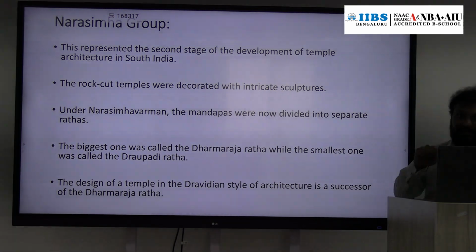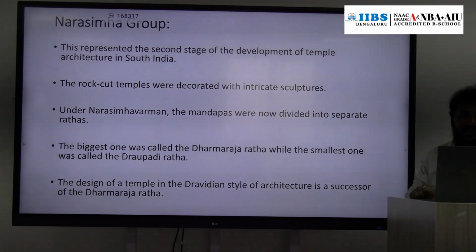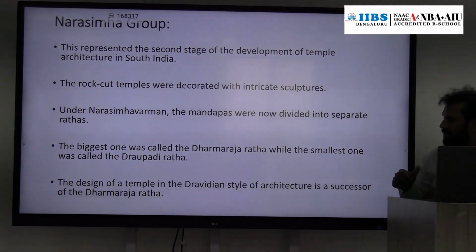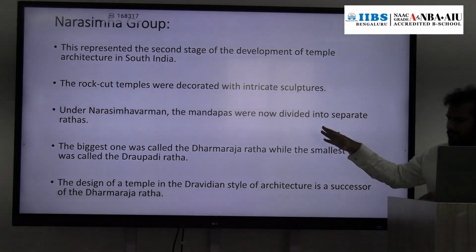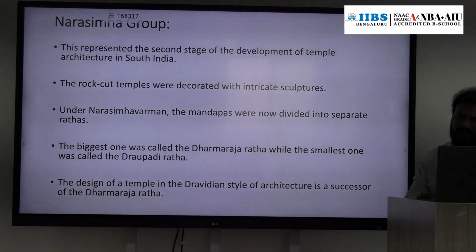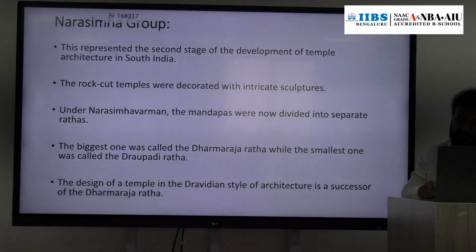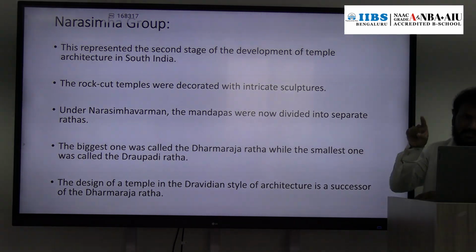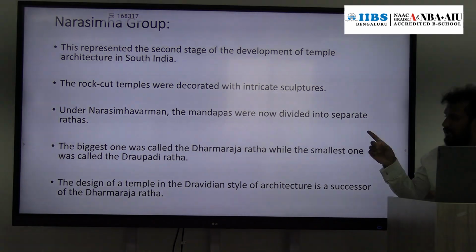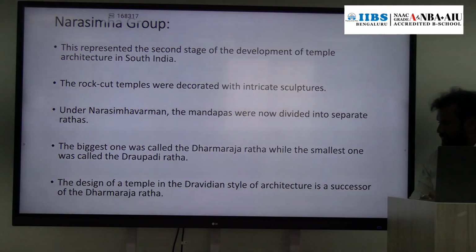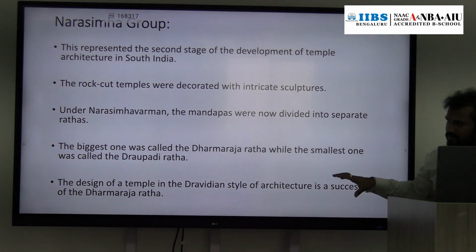Mamallapuram, Mahabalipuram, near Chennai. That also we will discuss. In Mahabalipuram, we have the Pancharatha temple. Rock cut temples were there. The biggest ratha is the Dharmaraja Ratha and the smallest is Draupadi.